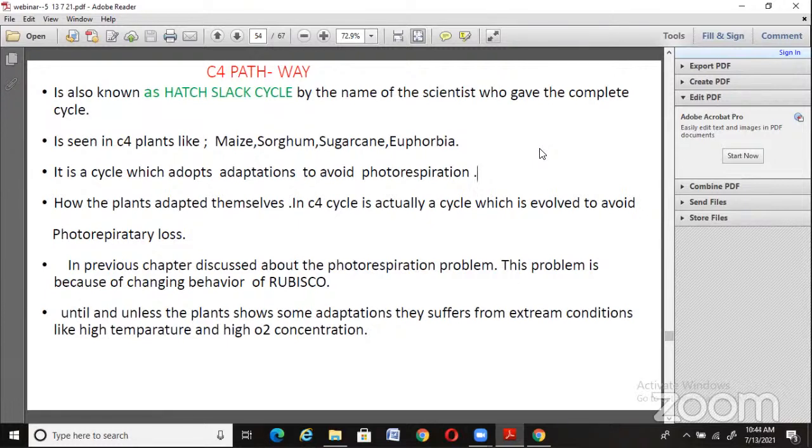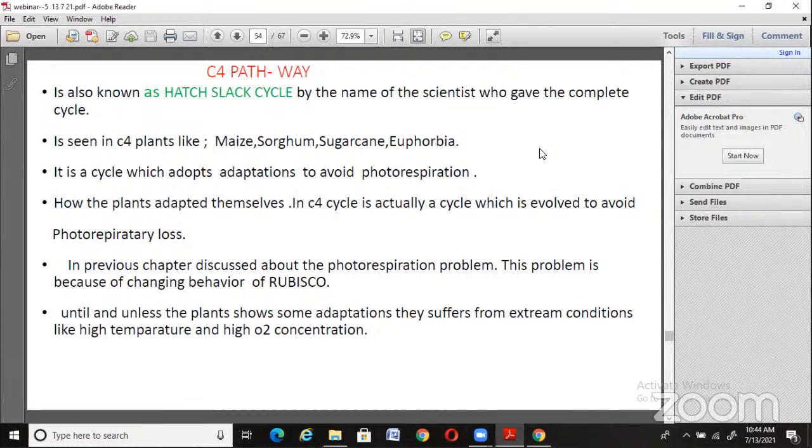If we observe the C4 cycle in detail, we can understand that this C4 cycle is actually a cycle which evolved to avoid photorespiratory loss. In our previous chapters, we discussed photorespiration and its problems.